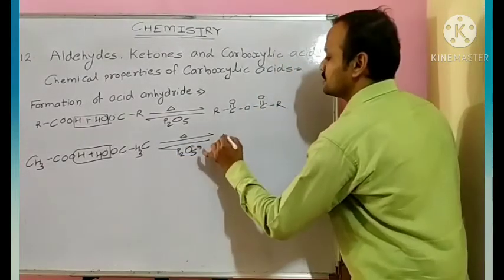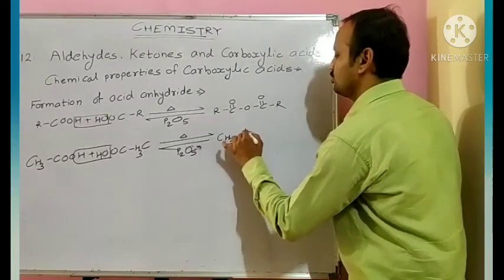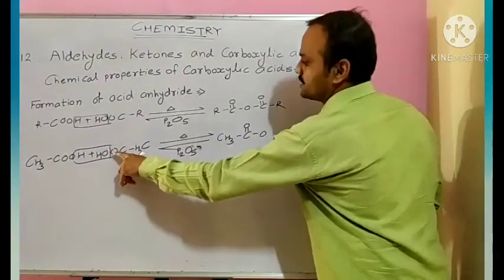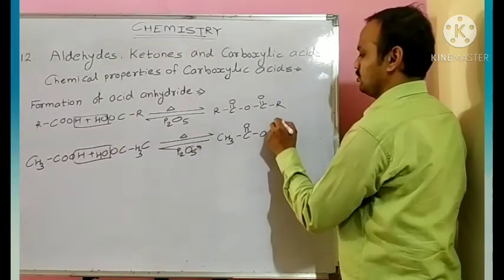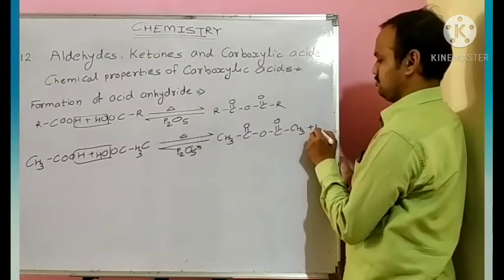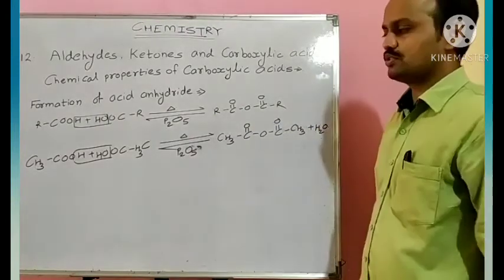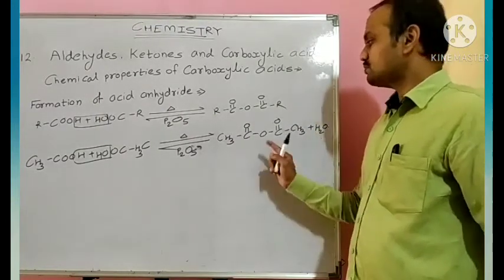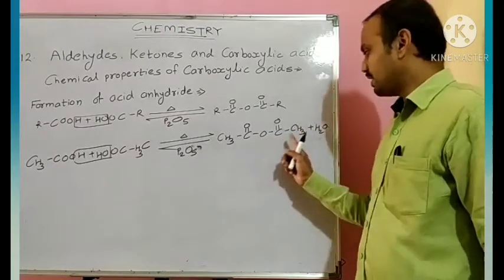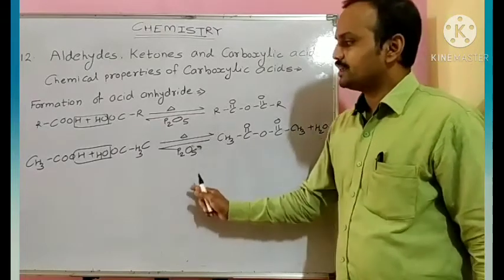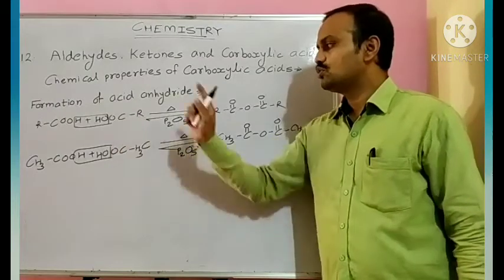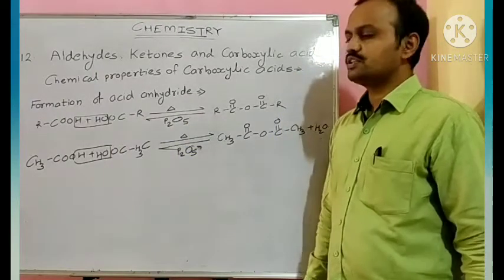We get CH3 C double bond O, single bond O, again C double bond O, and CH3 plus H2O as the byproduct. So we have got the acid anhydride as the main product, and water as the byproduct by the action of heat in presence of P2O5 on two molecules of carboxylic acid.